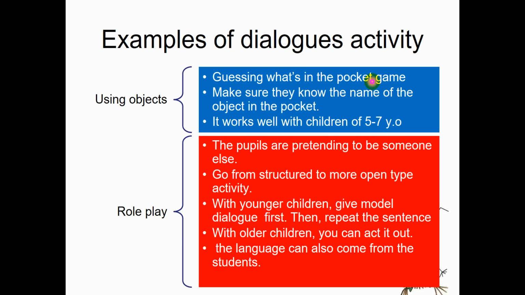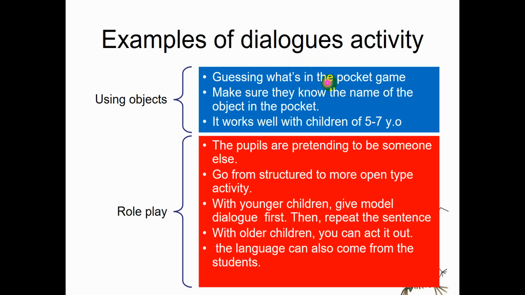For example, the children learn the expression of asking using "what is," or guessing using "is it." So, is it big? Is it yellow? Is it long? When the children play the game, they apply the language.